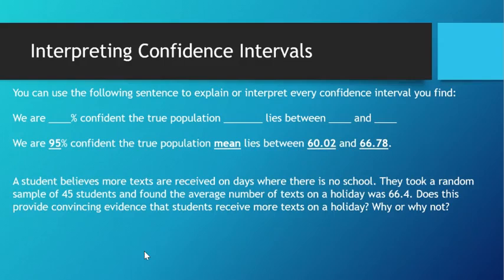Is that number inside our interval or outside our interval? Okay, so if the average number of texts is 66.4, that fits inside our interval. So because that number does not go outside of what we found, it does not provide convincing evidence that they receive more text on a holiday. So we would say no, because 66.4 is included in our interval.